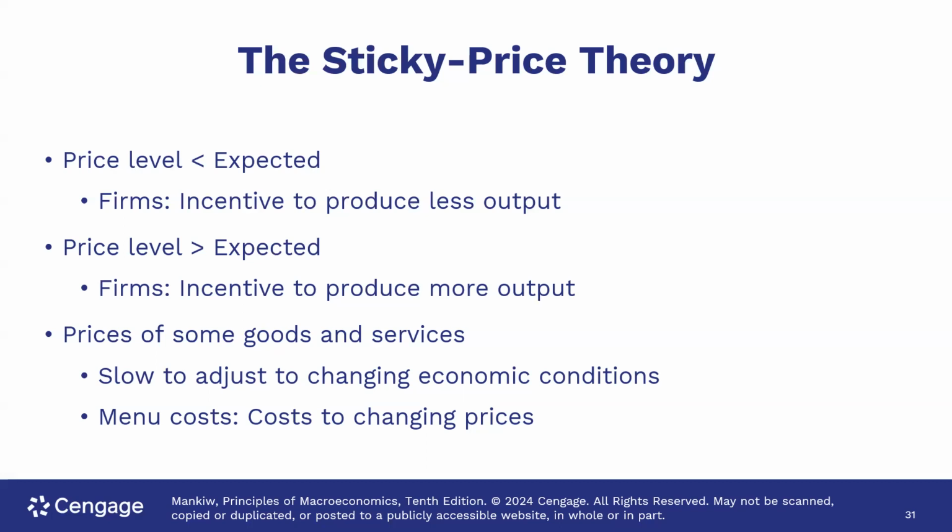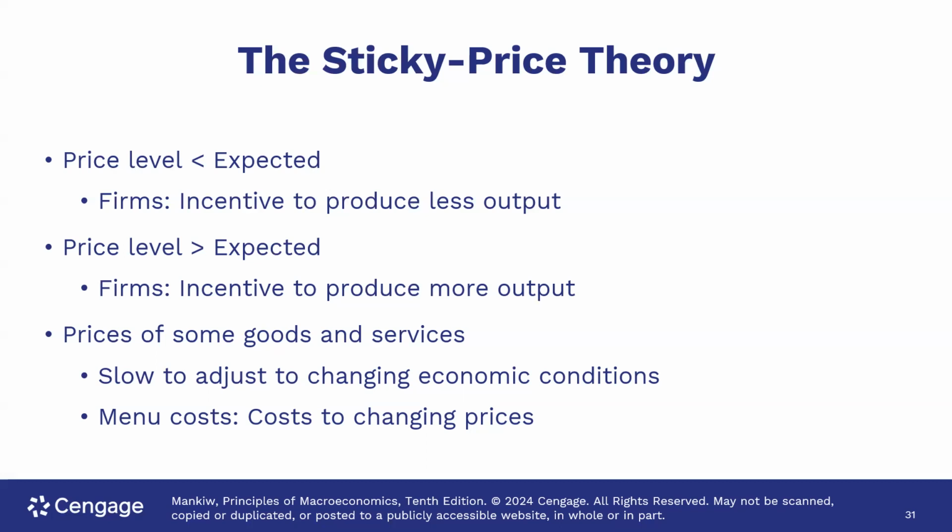They produce at a level that is lower than the optimal level, because now the optimal level is actually at a higher level because of that higher price. So in this case, what will happen? It will lead to a recessionary output gap. In other words, the production will be lower than the natural rate of production. That is a recessionary gap.